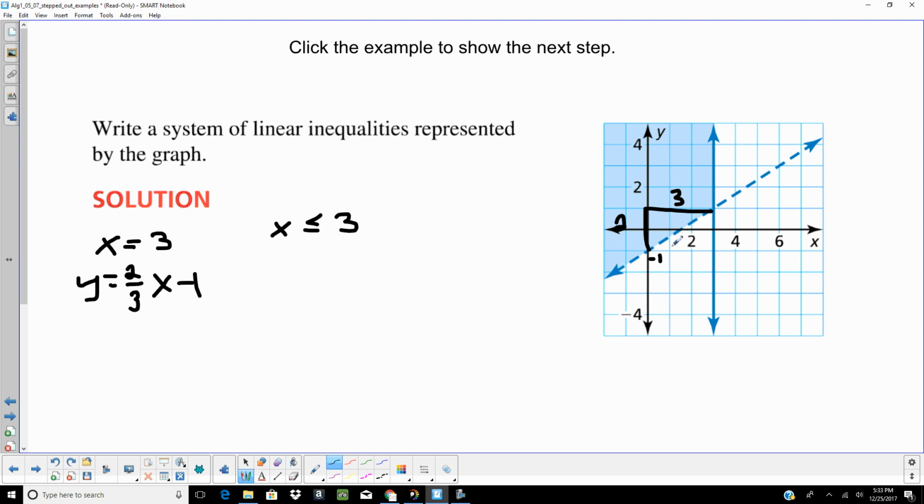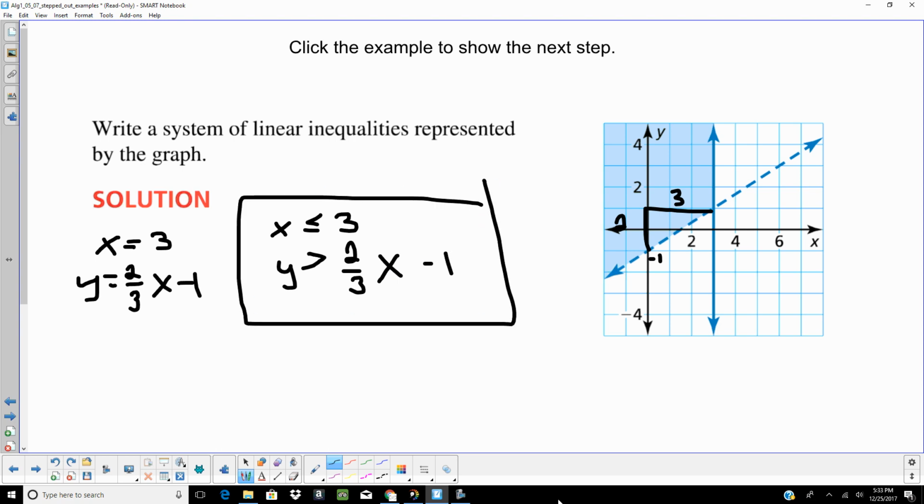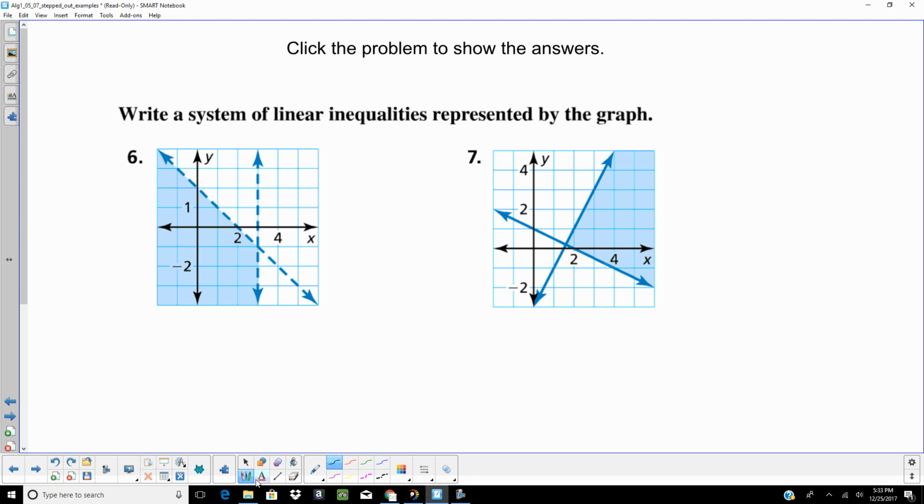And what I notice on that is it's dotted, so no equal to sign, and it's shaded above, so that would be a greater than. So y is greater than 2/3 x minus 1. So there are my system of inequalities.